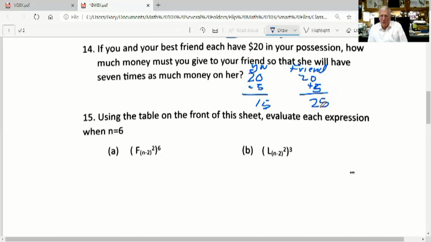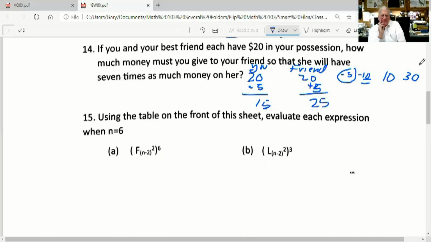Why don't we just keep going by 5s? What if we did another 5? So I'm going to write it like this, minus 5 more. So now we're at minus 10, right? If we have subtracted $10 from me, I have 10 bucks. She has what? She has 30, right? That's 3 times as much.